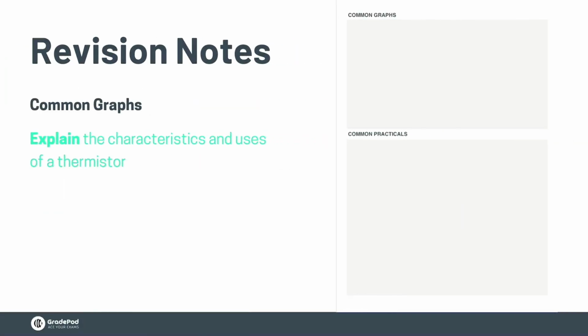If we go to our revision notes, we want to include this learning objective in our revision notes, and I think we should go to the common graph section. We should plot our graph, temperature, degrees Celsius, resistance in ohms. Remind ourselves that this is a thermistor. And then I'd put three uses.